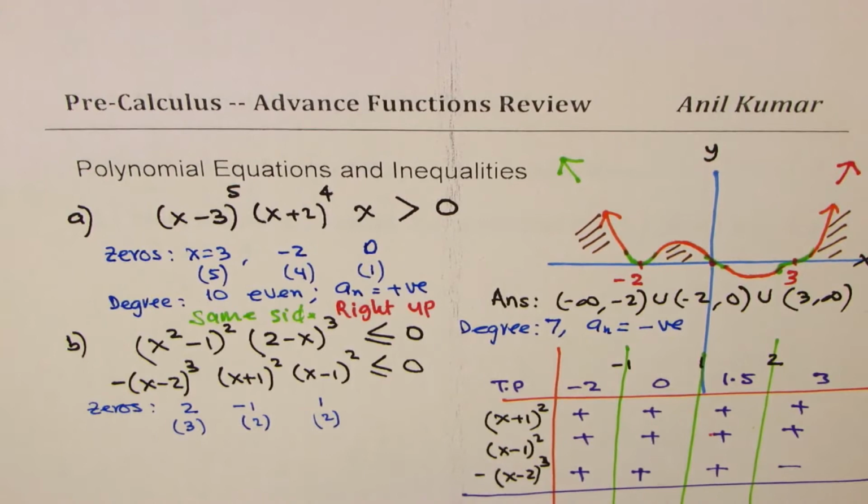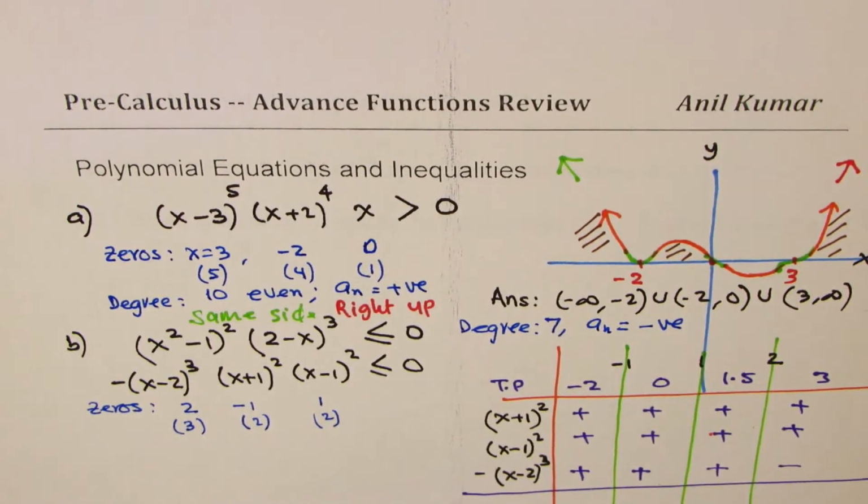So what we see is that for our given polynomial, we will have positive, positive, positive, and negative as our graph. Now, using the method of graphing which we just did, let's confirm our result.